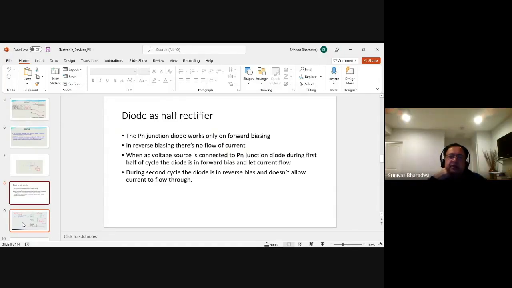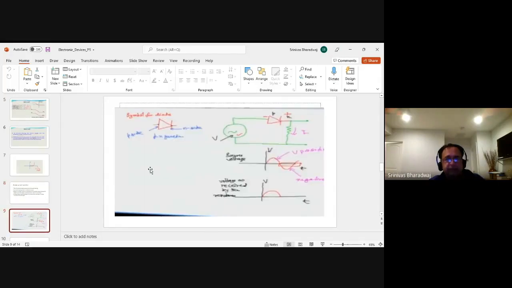During the second half of the cycle, the diode is in reverse bias. We talked about forward bias last time: when you connect the P type to the positive, it's in forward bias. During the other phase, it is in reverse bias, and it will not let current flow through. So that's what he's saying here.